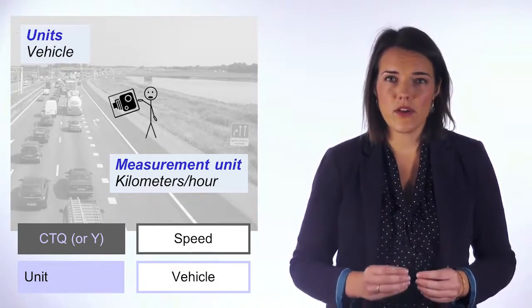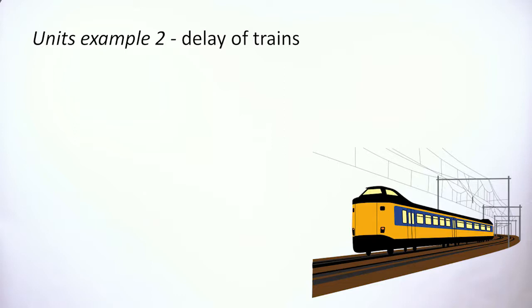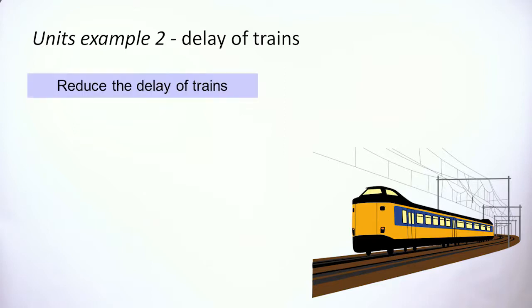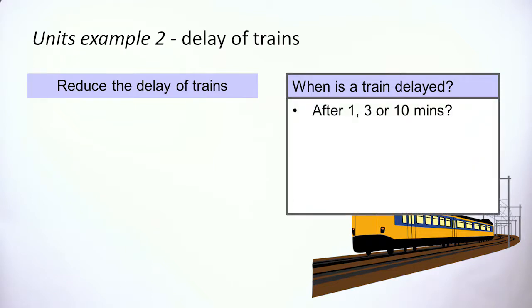To explain these concepts in a little bit more detail, I will discuss some more examples with you. The next example is about the delay of trains. You start a project with the goal to reduce the delay of trains. For that, you first need to answer the question, when is a train delayed? And this can be a point of discussion, because is the train delayed when it is 1 minute late, or when it's more than 3 minutes late, or when it's more than 10 minutes late?